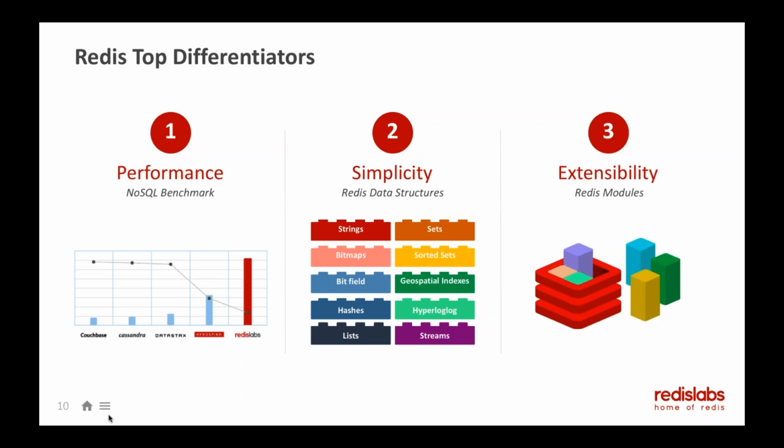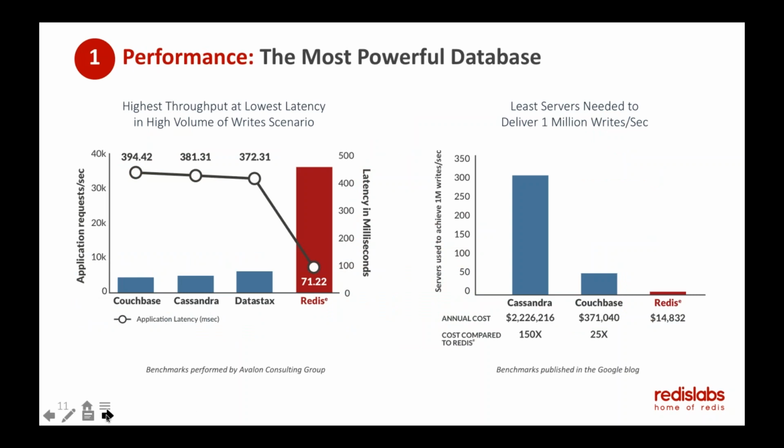So we provide 3 or 4 modules that are already in the marketplace, but you're also welcome to write your own module and run it on top of Redis itself. So that is a huge advantage around flexibility because it's a modular approach.